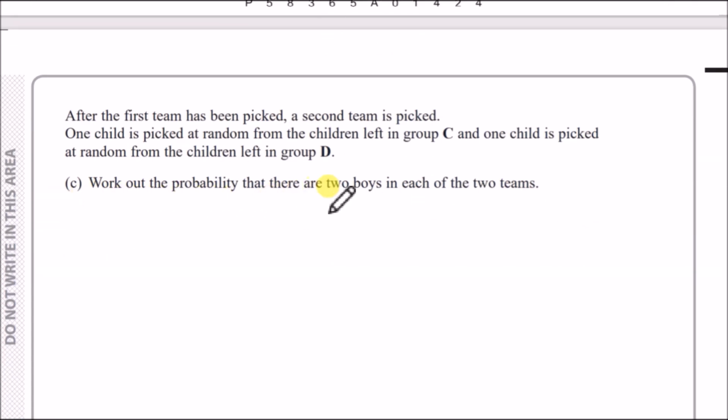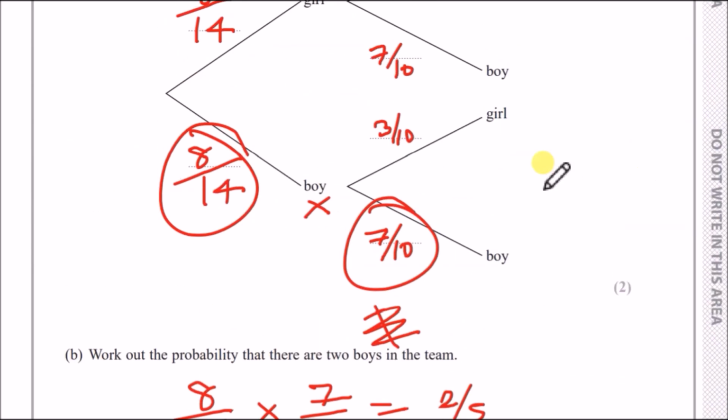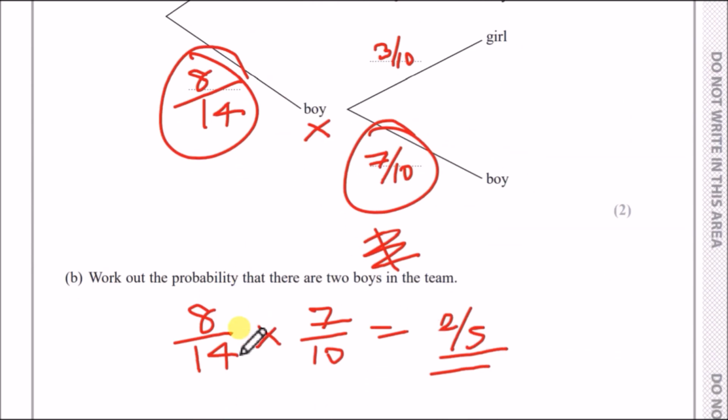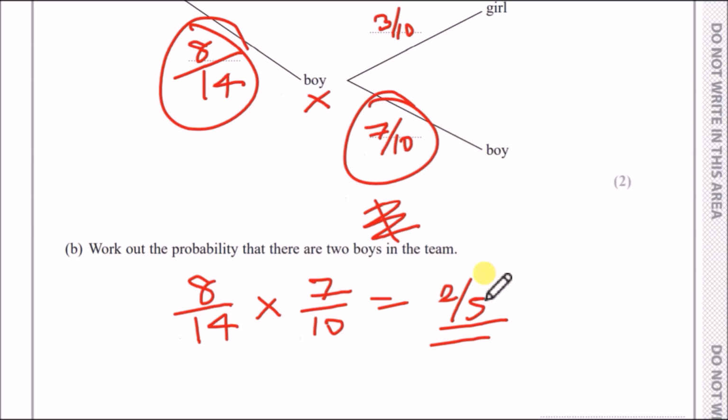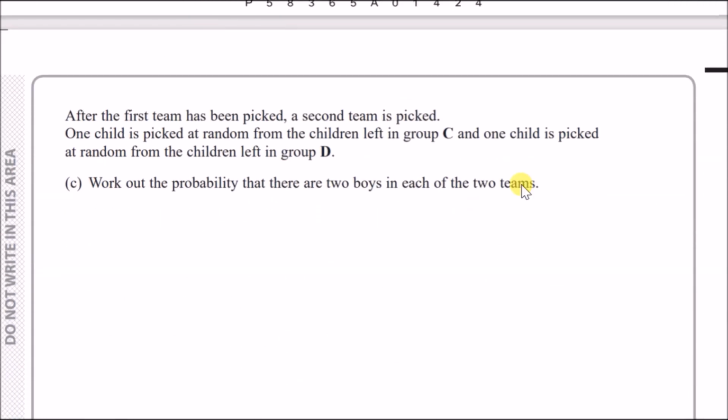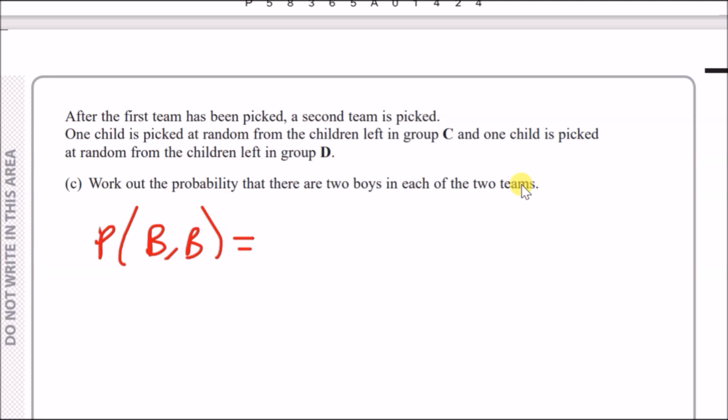Now work out the probability that there are 2 boys in each of the 2 teams. Man, where's the girls at? Why are they not picking girls? So let's have a look. We already said initially that when they pick 2 boys, we got 2/5, right? So we can say, for the first set, probability of picking, let's say, first team of boy and boy, this is the first set, yeah? With this probability was 2/5.